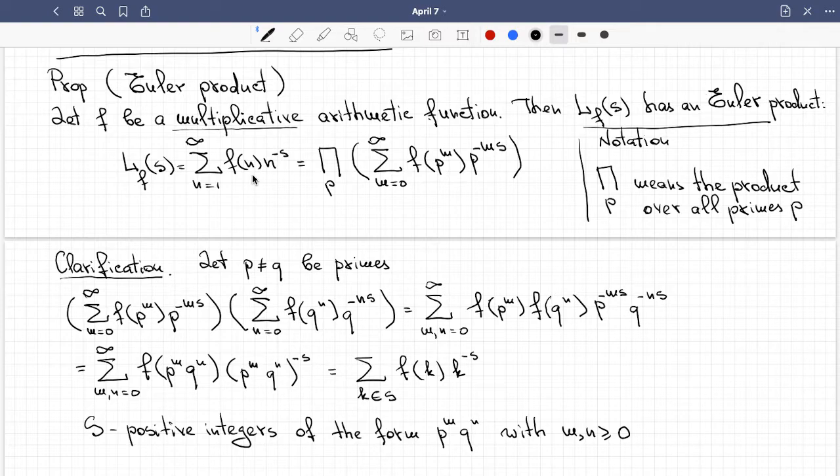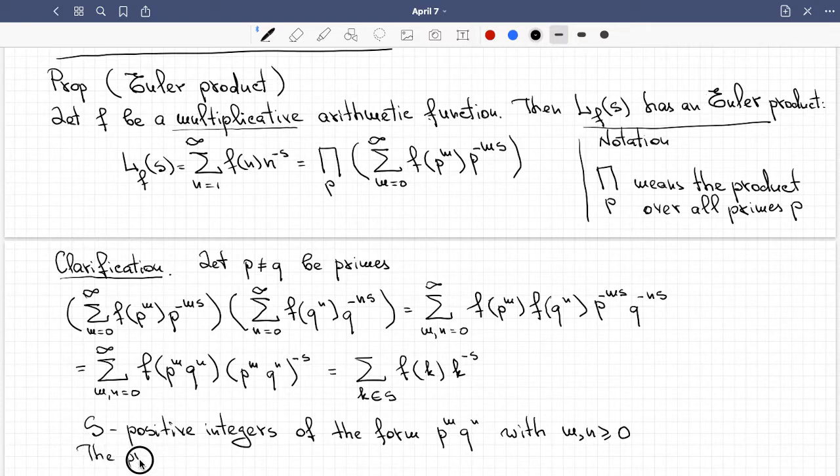But we know the fundamental theorem of arithmetic, which tells us that this is the set of all positive integers from 1 to infinity. So when we take the product over all primes, we get the summation over all positive integers, as we wanted here.